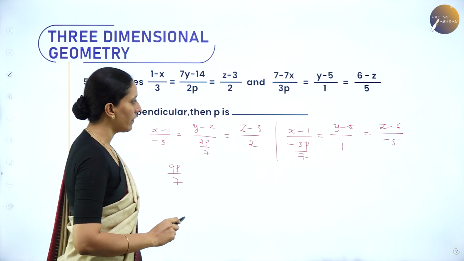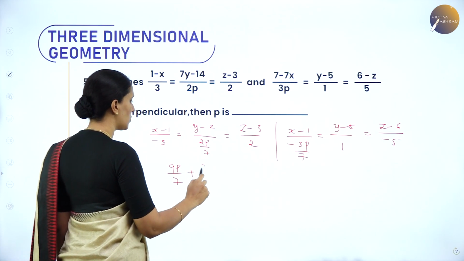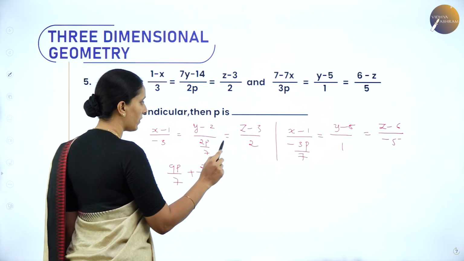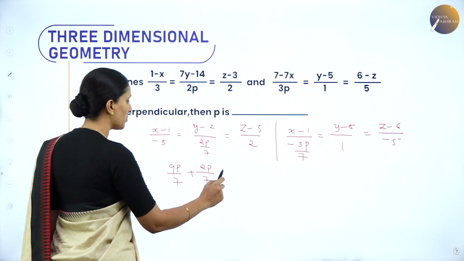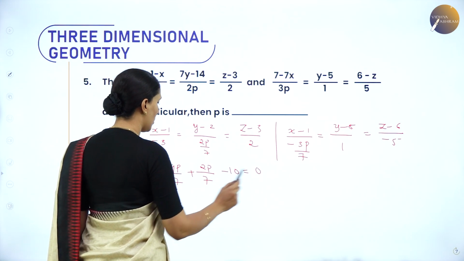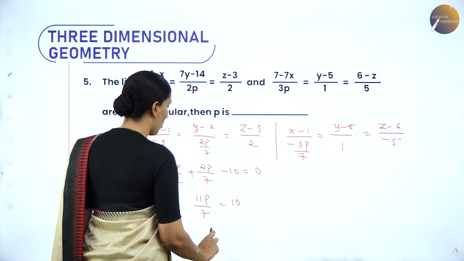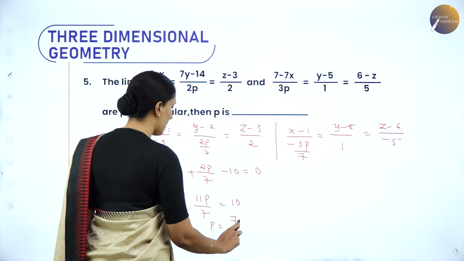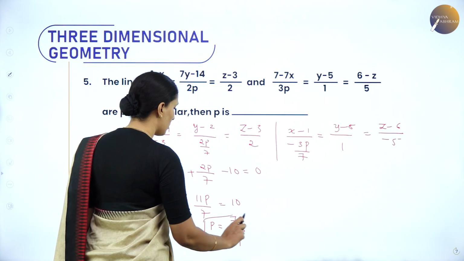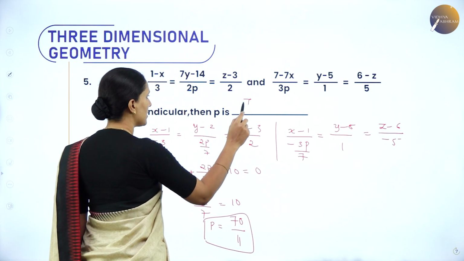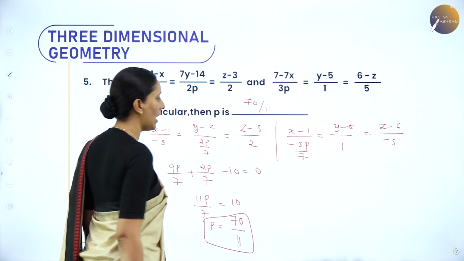Next 2p by 7 into 1, which becomes 2p by 7. Next we have 2 into minus 5, which is minus 10, equals 0. So here we'll get 11p by 7 is equal to 10, or p is equal to 7 tens are 70 divided by 11. So the value of p here is 70 divided by 11.